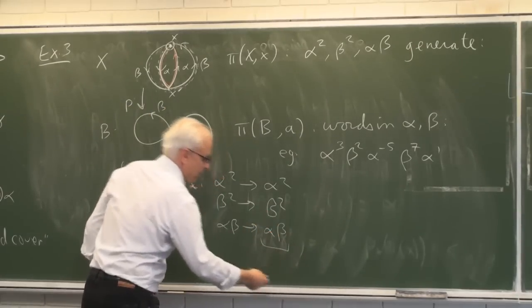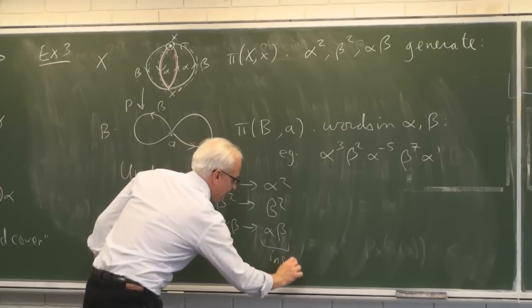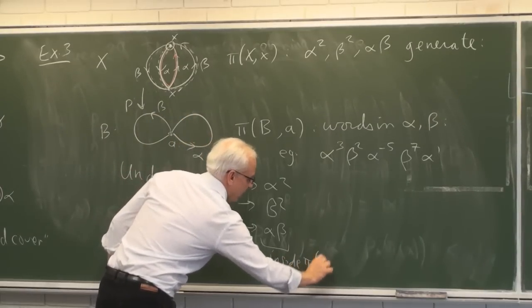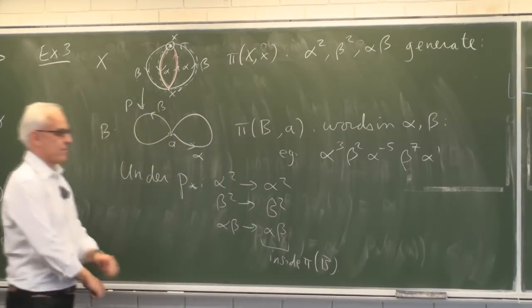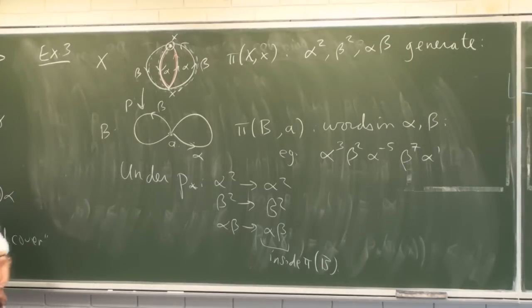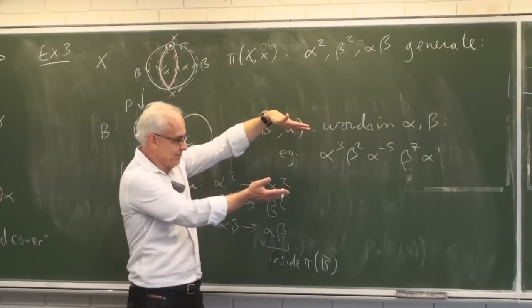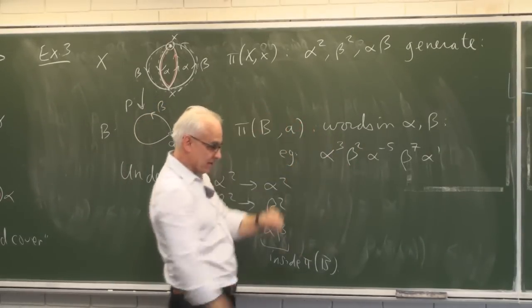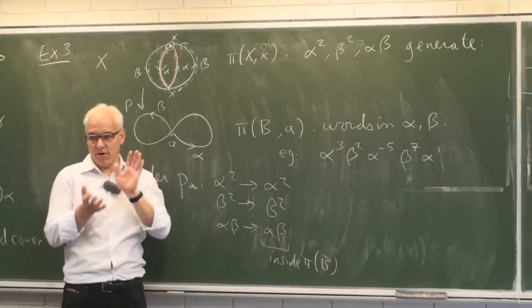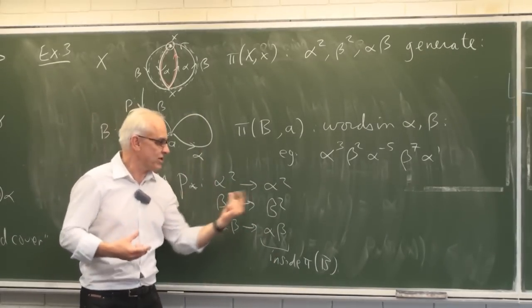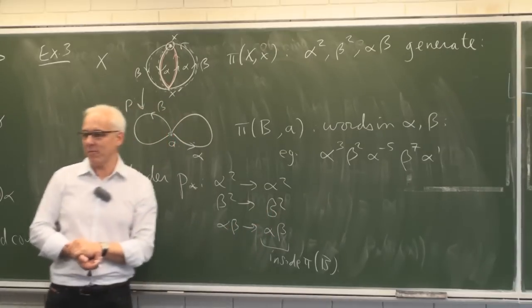So these are to be thought of as inside pi of b. In other words, we're considering the subgroup of all words. Here we have all words in alphas and betas, and here we're considering the subgroup of words in alpha squared, beta squared, and alpha beta.